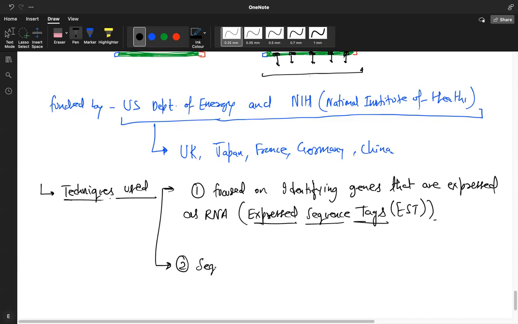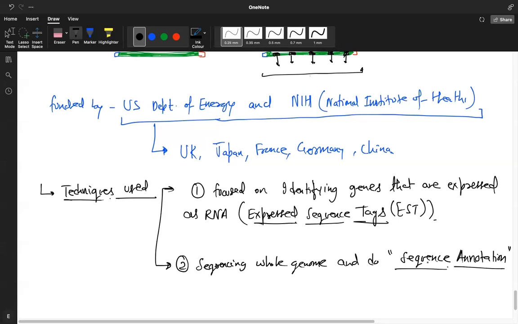Second approach was sequencing whole genome and do this technique, this approach, sequence annotation. Just remember these two words for your entrance.